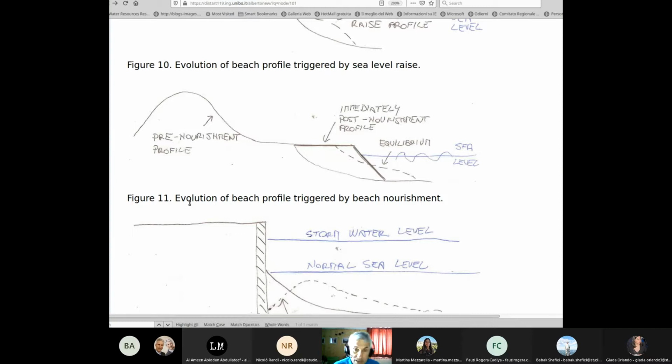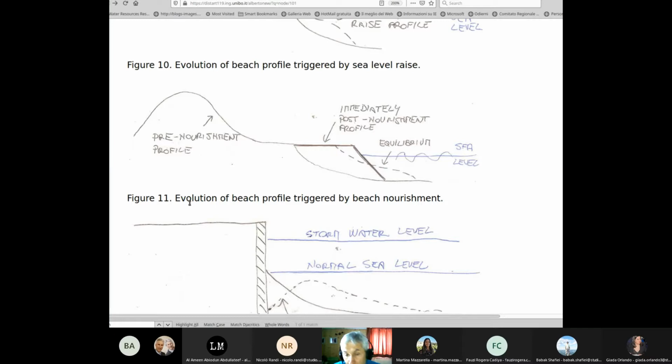And what happens is that if you start from an immediately post-nourishment profile, then this profile is typically modeled by the action of the waves, and reaches a stable slope. And the stable slope is frequently milder than the slope that we give to the post-nourishment profile.